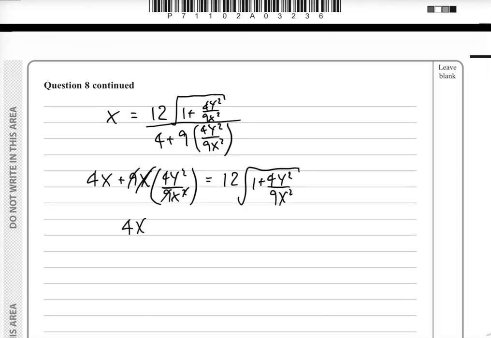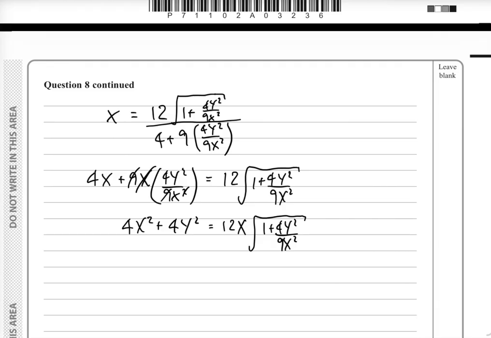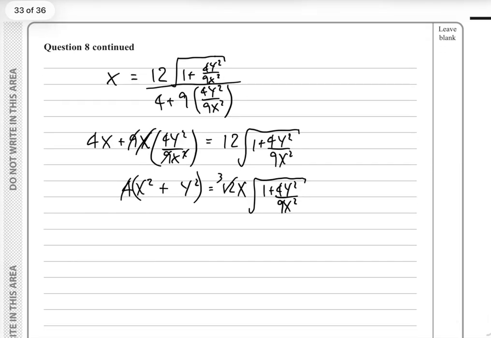We get 4x squared plus 4y squared is equal to 12x root 1 plus 4y squared over 9x squared. Now if I edit this a little bit, save some lines of working, that factorizes and then we can cancel that, gives us a 3, and then I square everything to get rid of the square root.